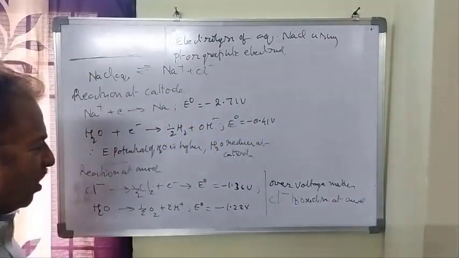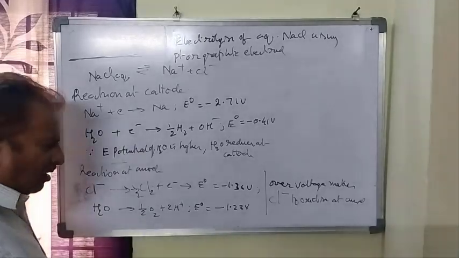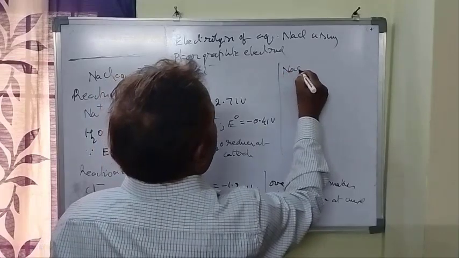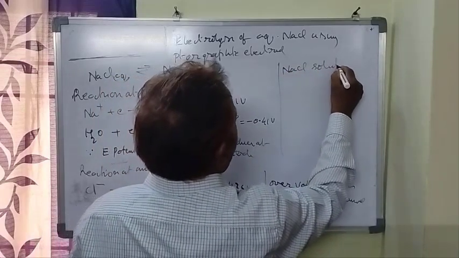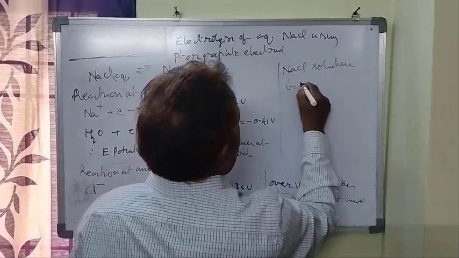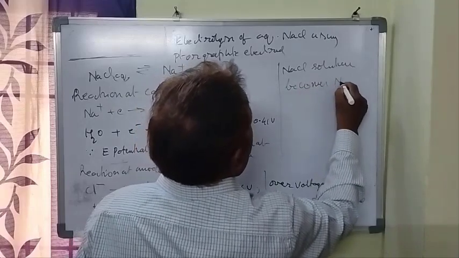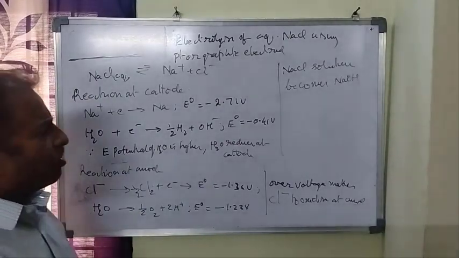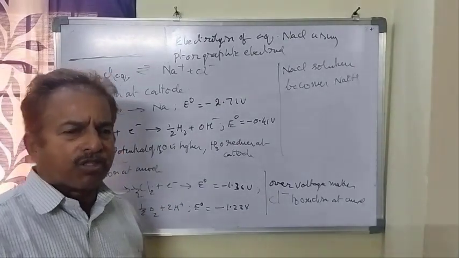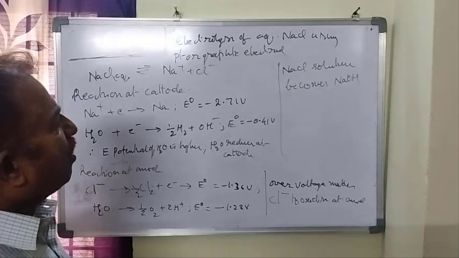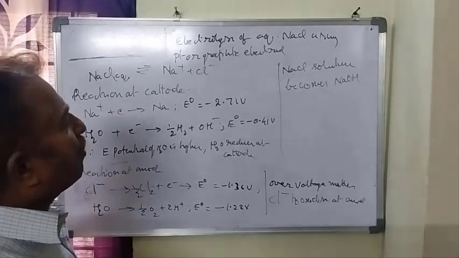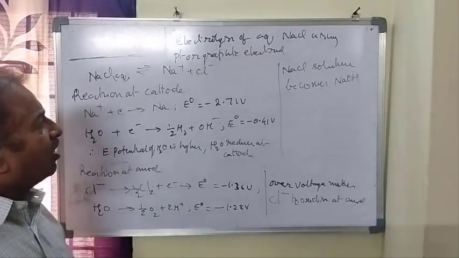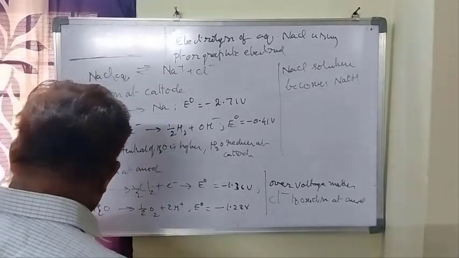So ultimately, chlorine decreases in the solution. Therefore, NaCl solution becomes NaOH. Sodium chloride solution becomes sodium hydroxide at the end of the electrolysis. So these are the products formed during the electrolysis of aqueous sodium chloride using passive electrodes, that is platinum or graphite electrodes.